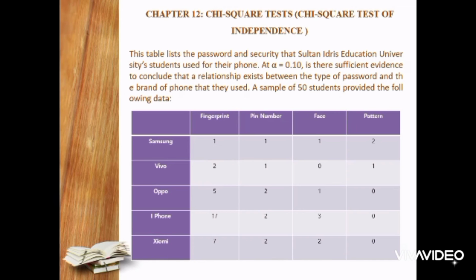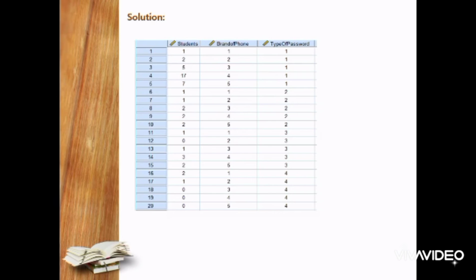Okay, so at the alpha equal to 0.10, we want to find if a relationship exists between the type of password and the brand of phone. Okay, so this is our data that we collect from the survey.